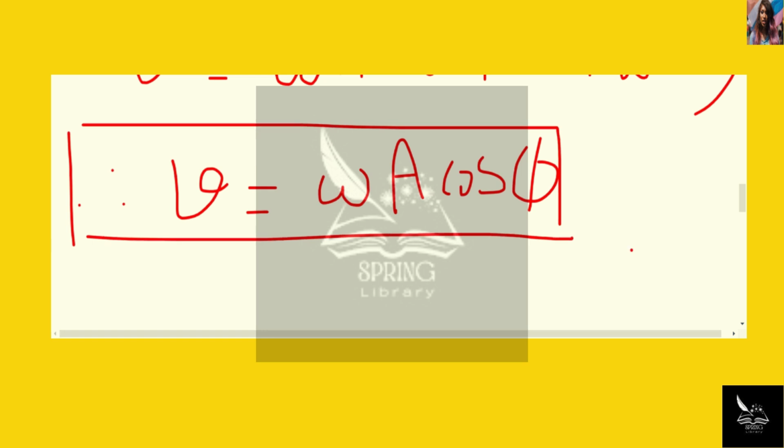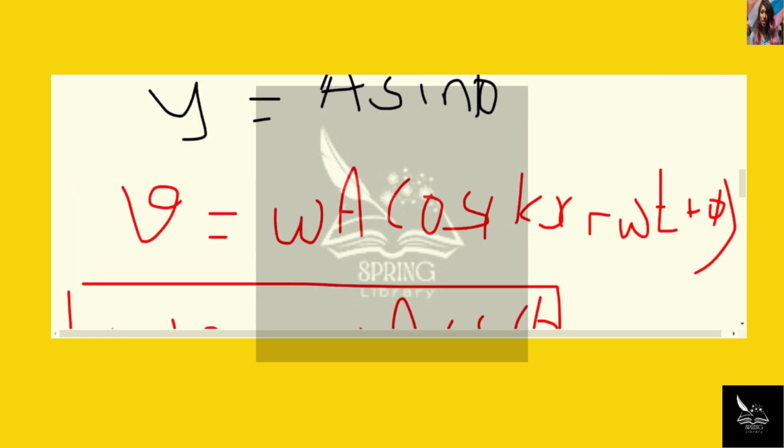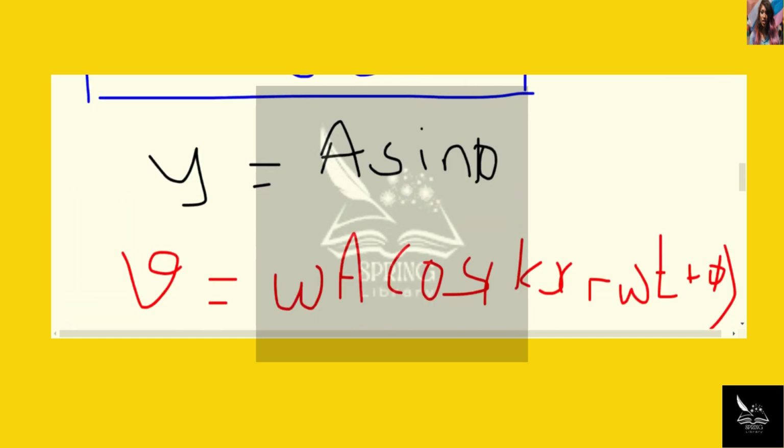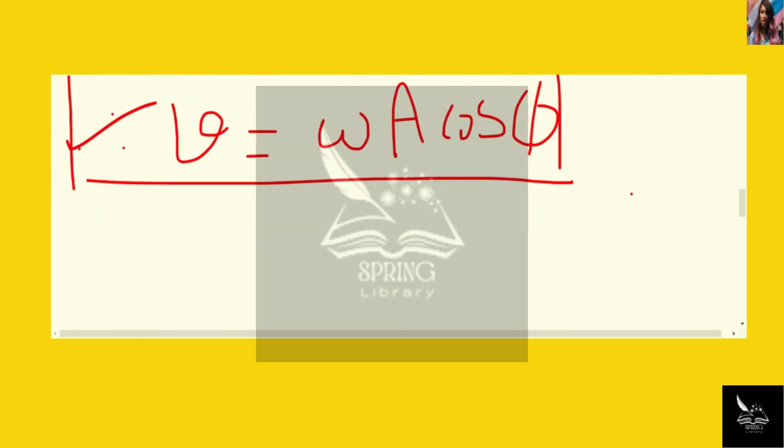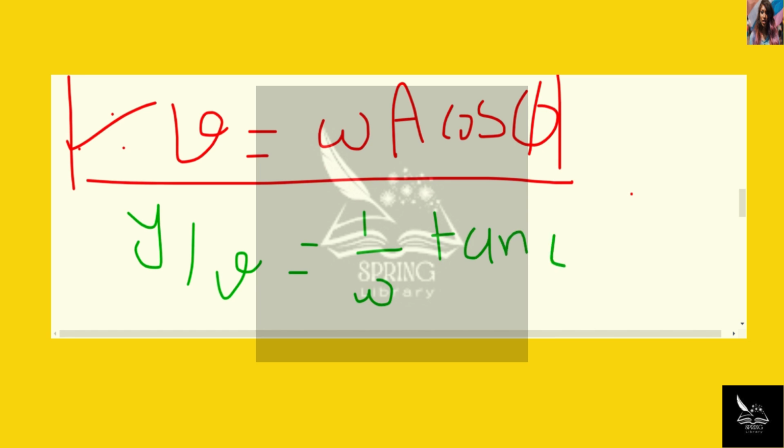Now let's divide the position equation by the velocity equation. So we will get the ratio of y by v, which will be equivalent to 1 upon omega tan phi.